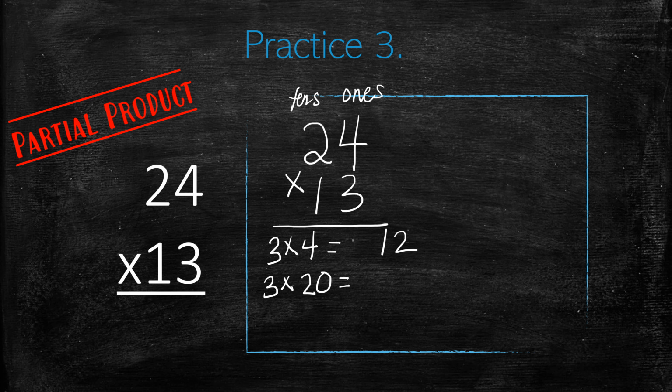And 3 times 20 equals. Now, those of you who are very good at counting by 20s, by all means, way to go. But I'm going to tell you something, not me. I am going to go ahead and crisscross this 0 and put it over here. And I'm just going to say, well, now that I cross out the 0, what's 3 times 2? That's much better. That is 6, okay? And I just put my 6 here. Now that we're done with our 3, we're going to move on to our 1, okay?